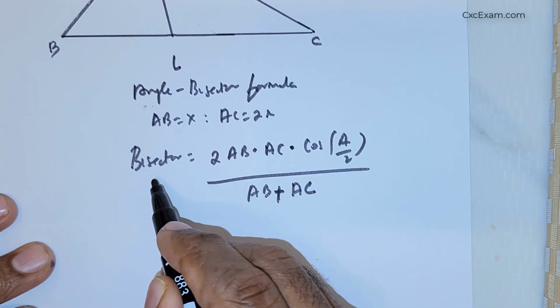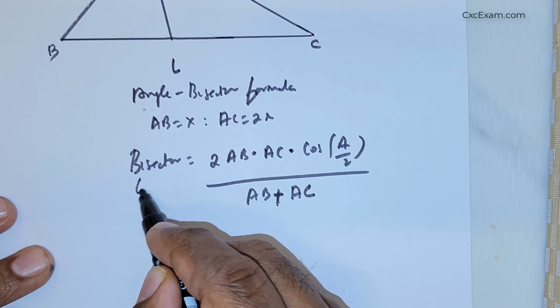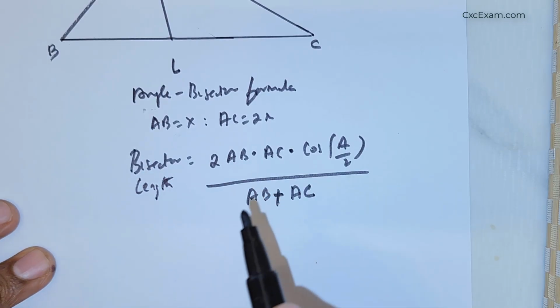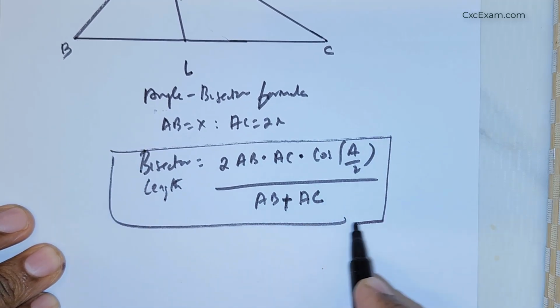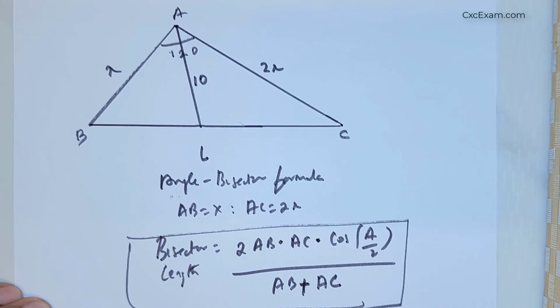Now this is actually the bisector length. A very important formula which will give you the solution instantly.